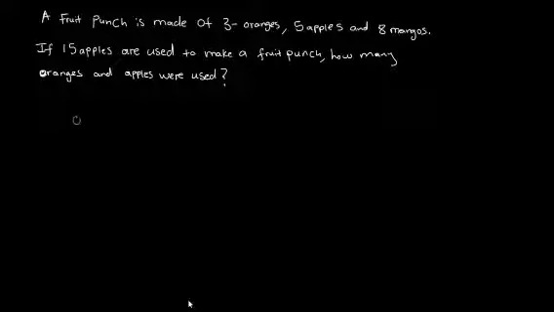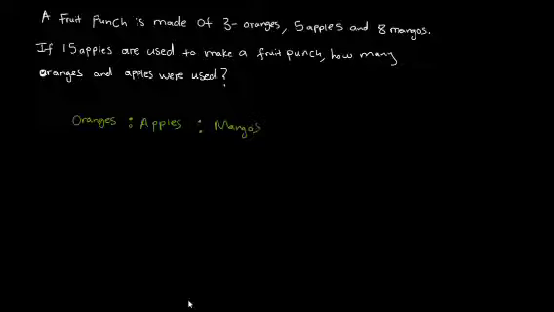You will write oranges is to apples, and then is to mangoes. The ratio for oranges is 3, for apples is 5, and for the mangoes is 8.